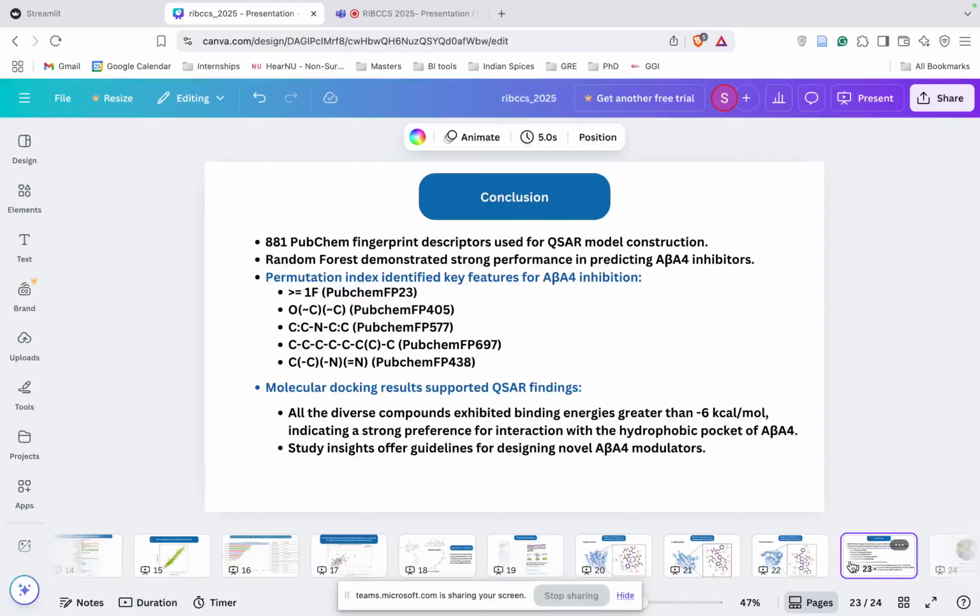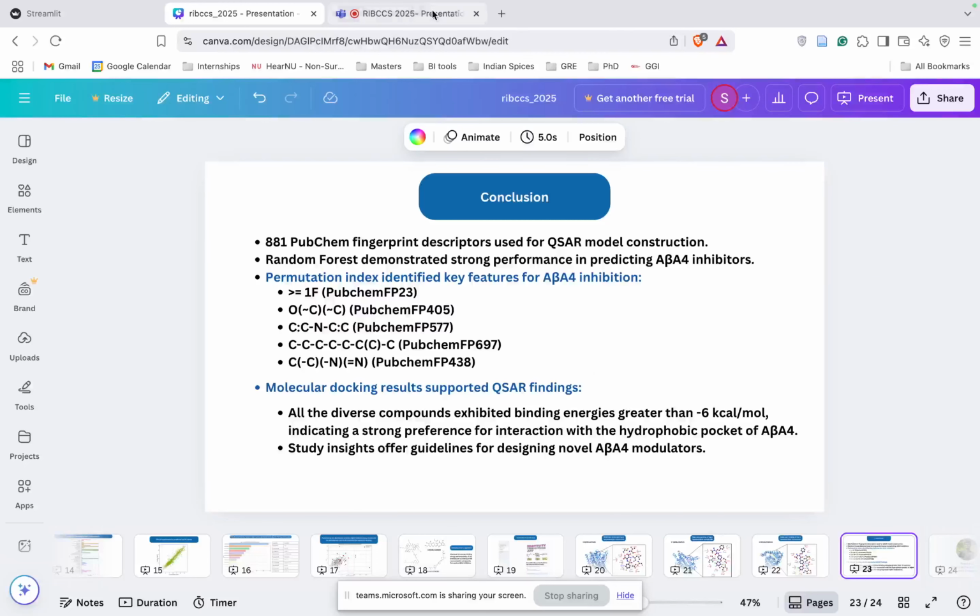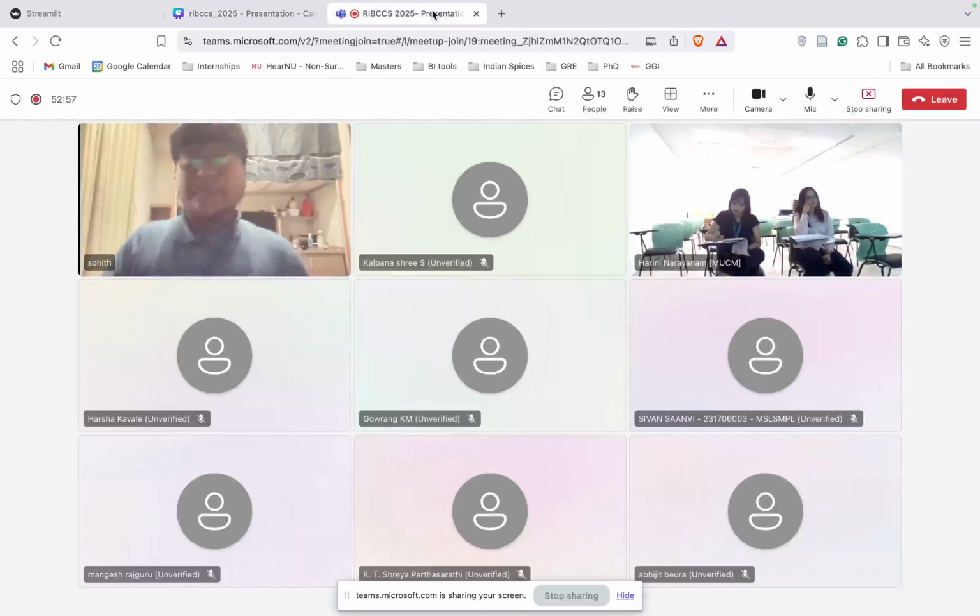So we took the histogram gradient regressor model, and that performed really well. We are not just trusting machine learning, but also validating using molecular docking. The binding energies were greater than -6, which is really good. So we anticipate that the guidelines which we have devised in this overall workflow could be beneficial for designing novel inhibitors for this disease. Yeah, thank you.